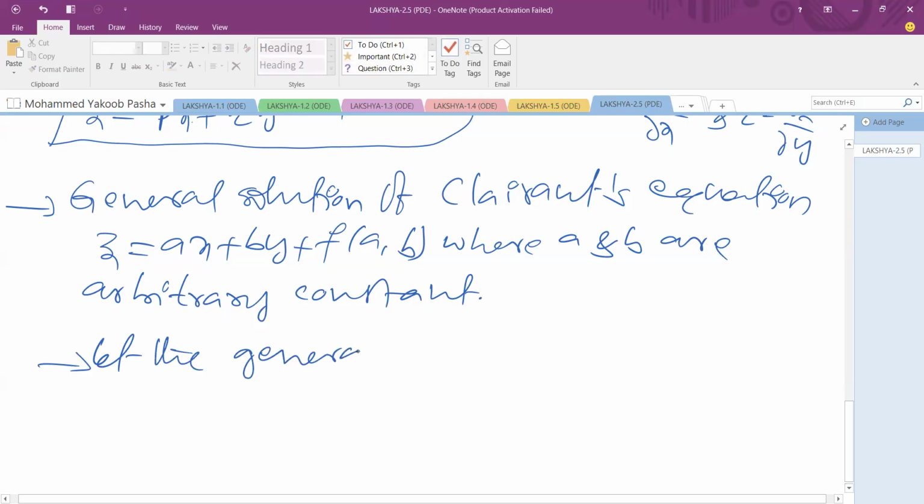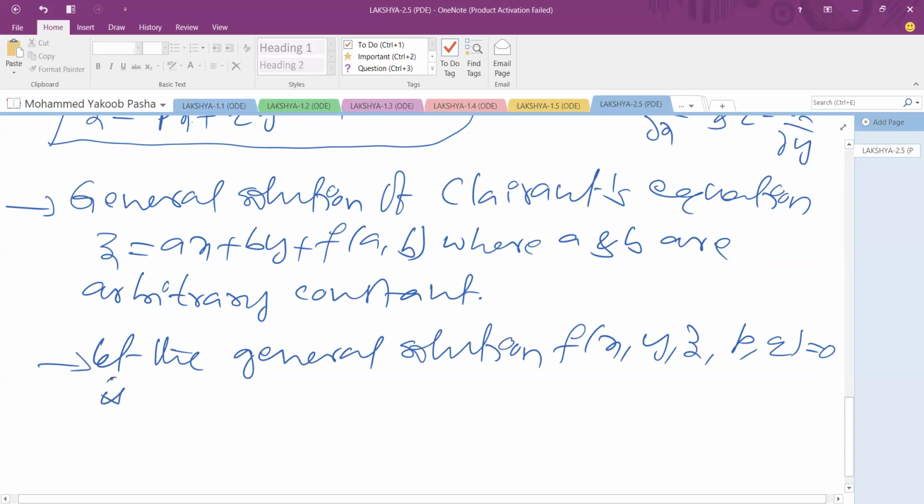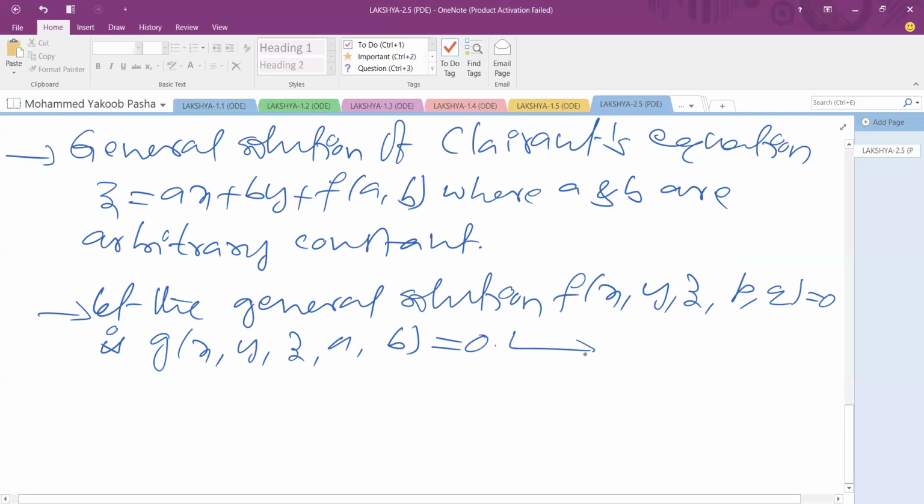Let the general solution of the first order non-linear PDE f of x, y, z, p, q is equal to 0 be, for example, g of x comma y comma z comma a comma b is equal to 0, where we get arbitrary constants a and b. This is the general solution of this equation. Let it be equation number 1.